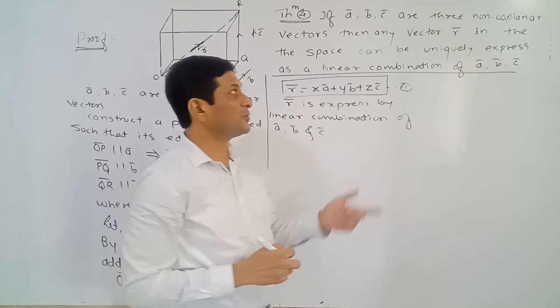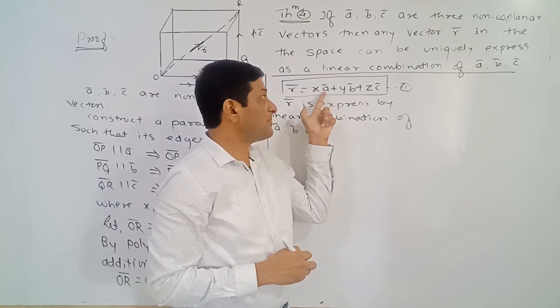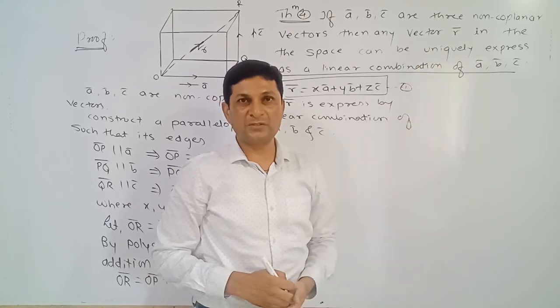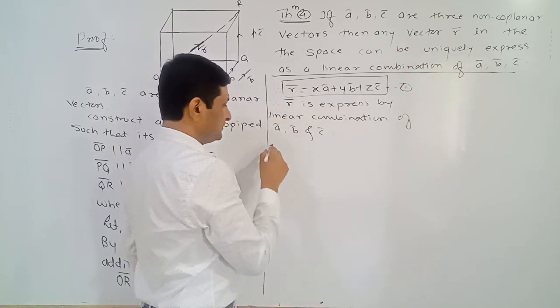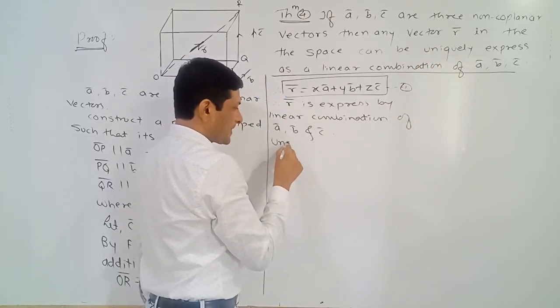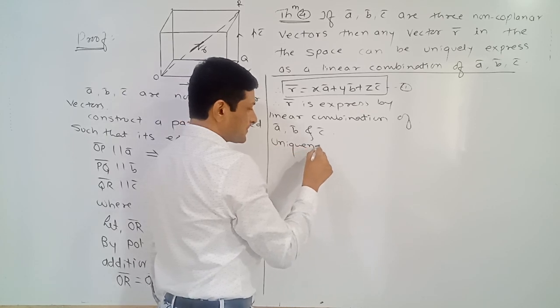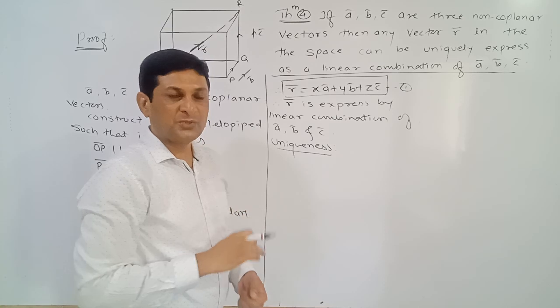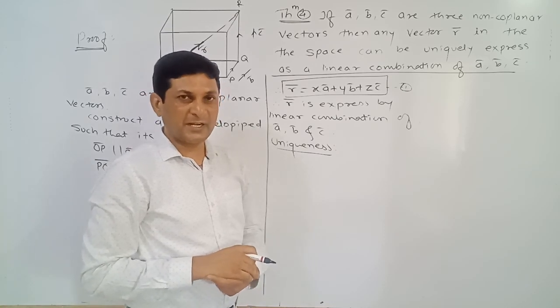Now we are going to prove that R bar can be uniquely expressed by this linear combination. So the second part of this theorem is the uniqueness part. To prove this uniqueness part, we are using the contradiction method.